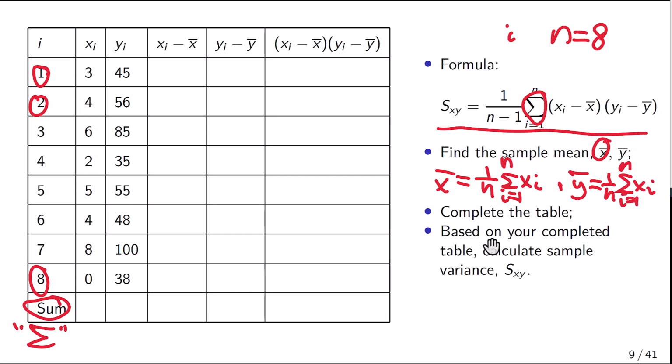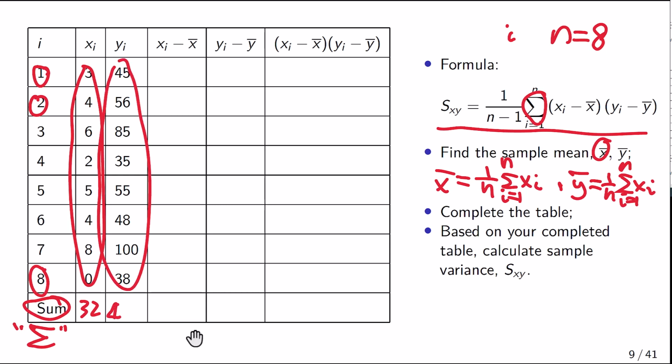To get x bar and y bar, for x we just add all of them together, and the sum is going to be 32. If we want to add y together, that is going to be much harder. If you have a calculator, you can do it. You add all these 8 numbers together and end up with 462.